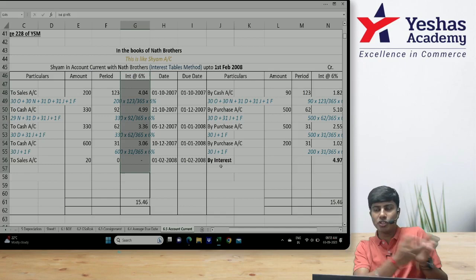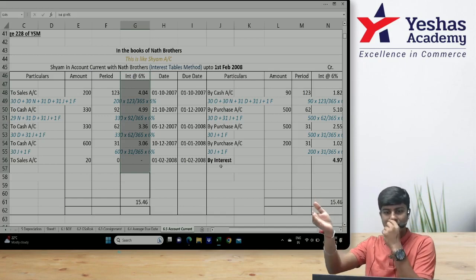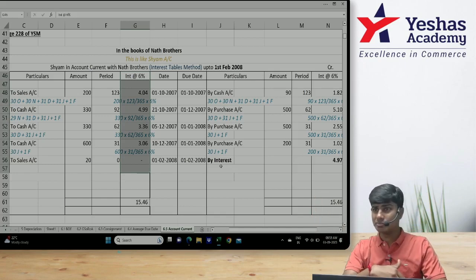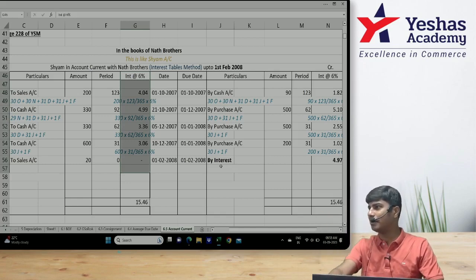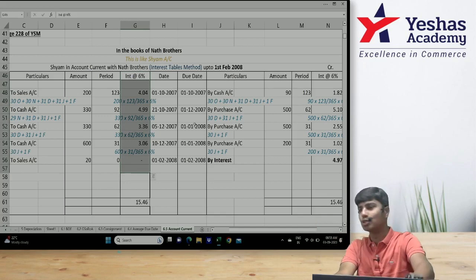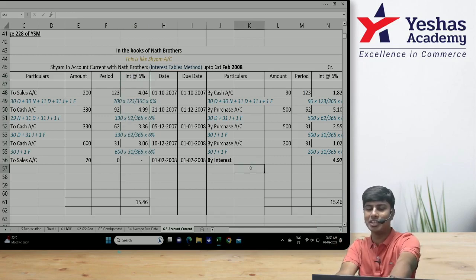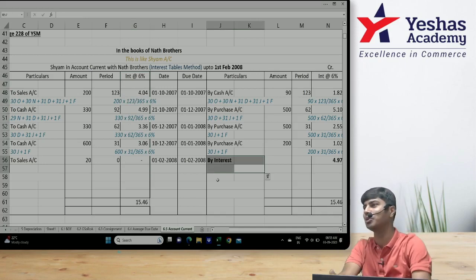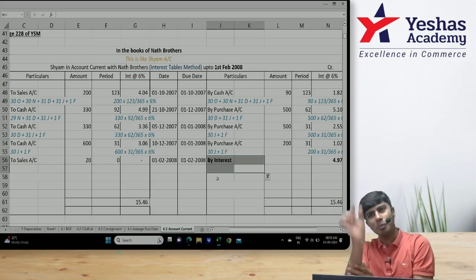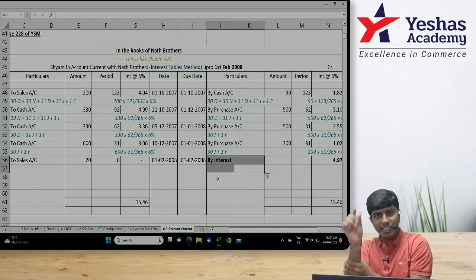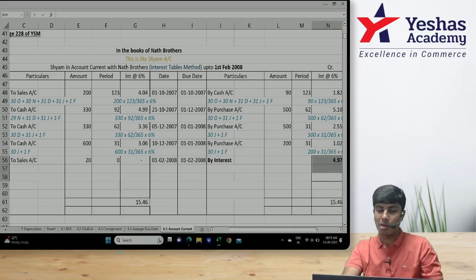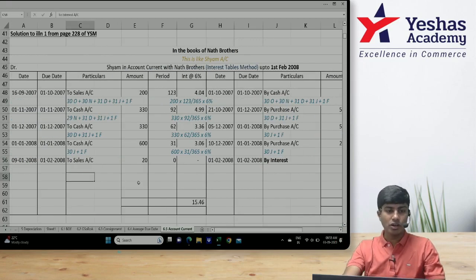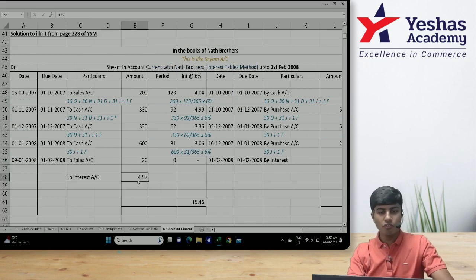I cannot write here by Sham, because in Sham's account you're preparing one column for interest. That interest column here represents the interest account. Now you are shifting the balance from the interest account to Sham's account. So I would have to write here on the debit side, to interest 4.97.